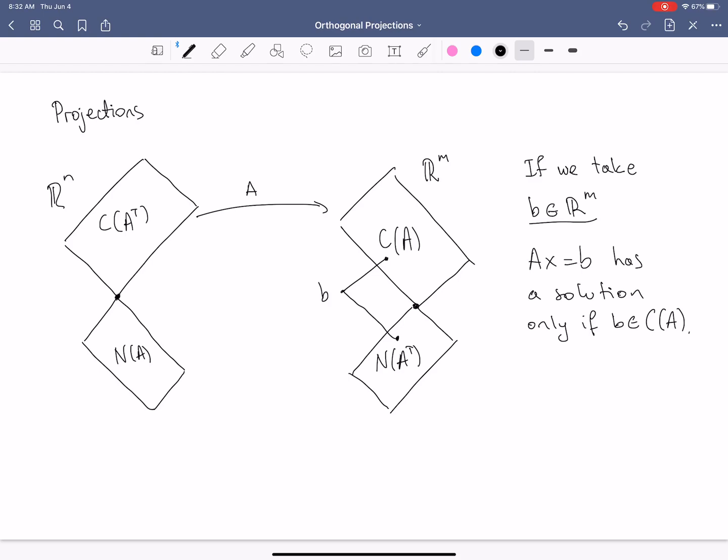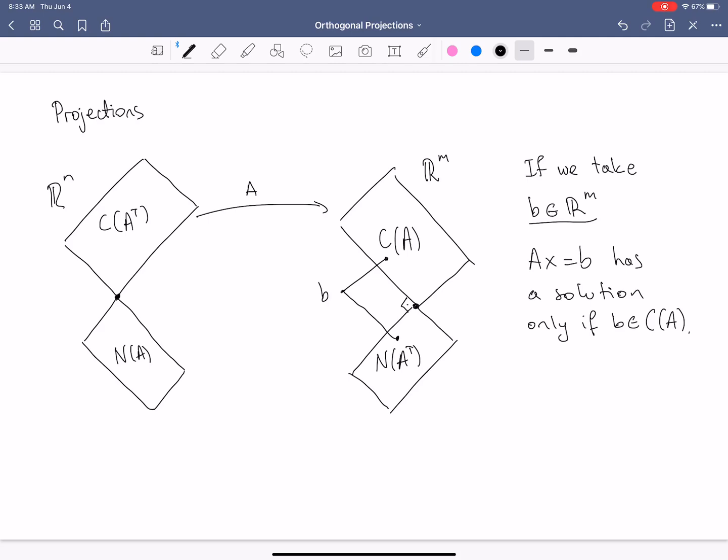Of course, all of this discussion could have been done about the row space and the null space. The point here is that we have two subspaces which are orthogonal complements of each other. And what that means is that you can take any vector in Rm and represent it as a sum of a vector in the column space of A and another vector in the left null space of A.